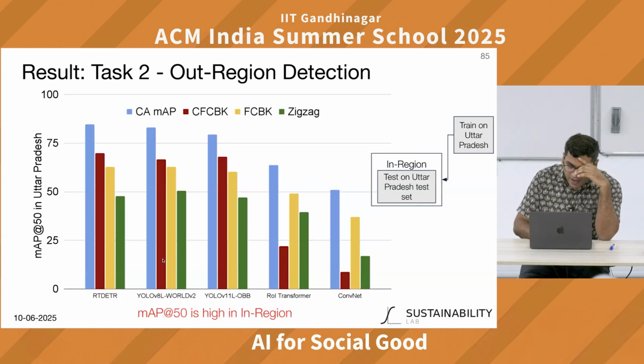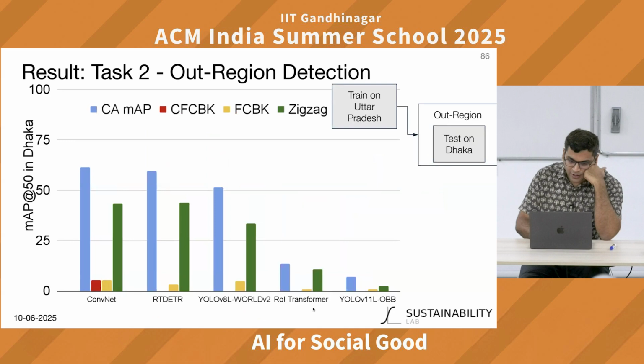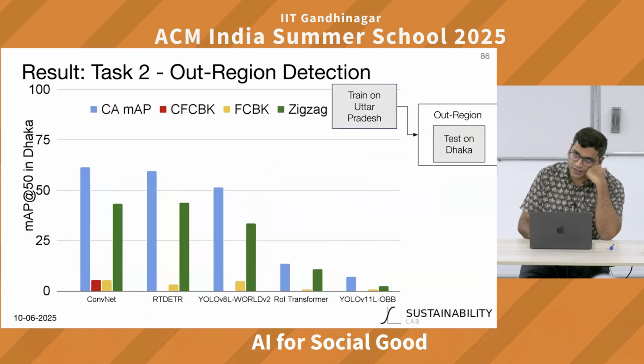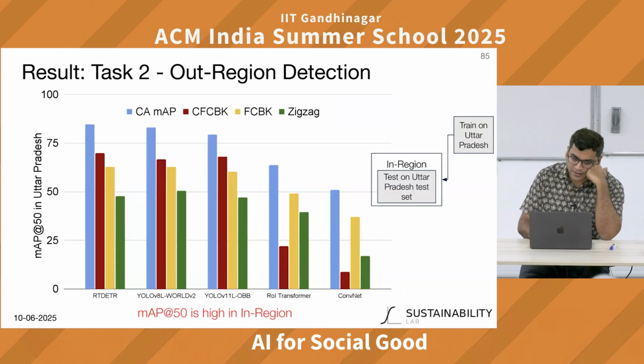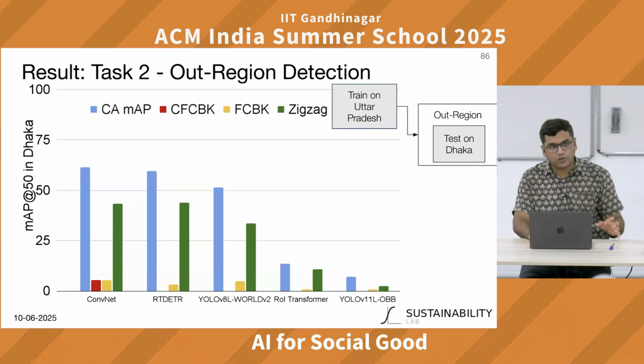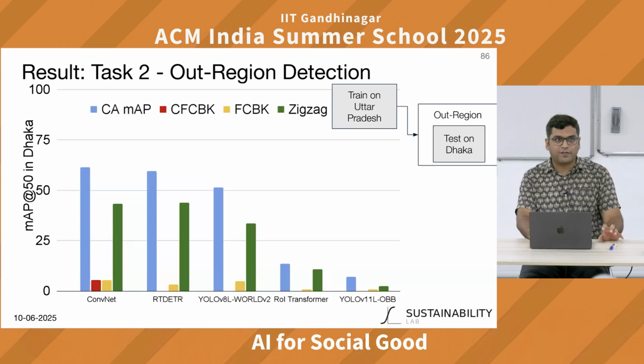And you can see that the MAP 50 was high in the in-region performance, which is as expected. Whereas if you look at the MAP 50 on the test region, which is different from the trained region, you can see that the performance dips quite significantly, which is again showing that there is a problem of domain adaptation.